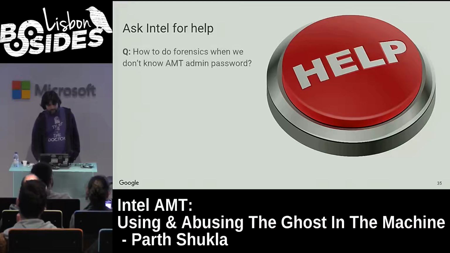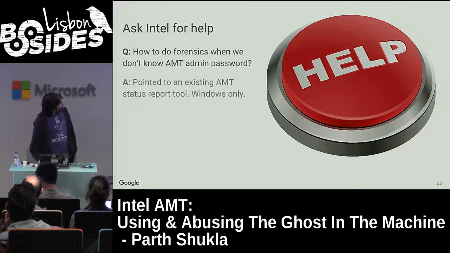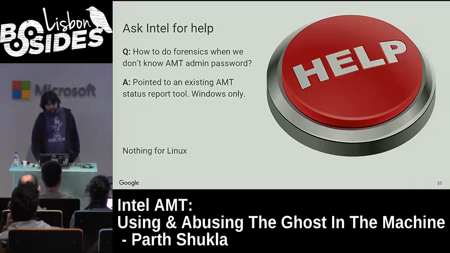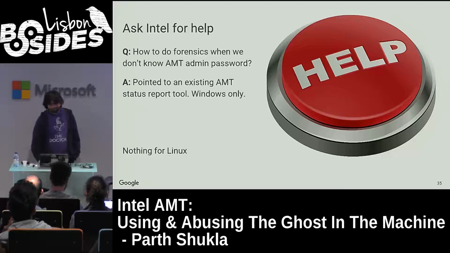I was pointed to a Windows tool which can be used to generate a status report of AMT. I asked about Linux since the lab machine we detected was running Linux, and I didn't want to boot Windows specifically for just this. But they don't have a Linux team anymore, so there's nothing for Linux. And the admin tool that I did test just said AMT was provisioned, and I said, I know.